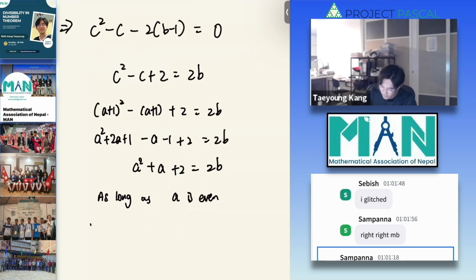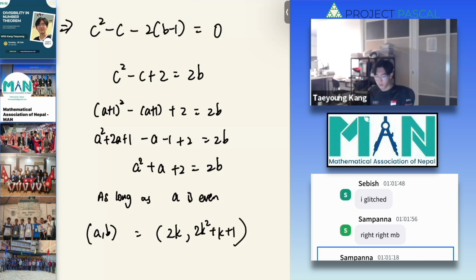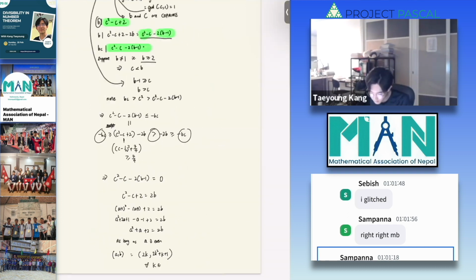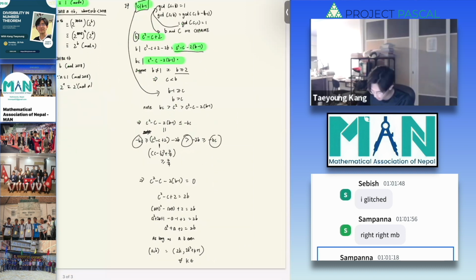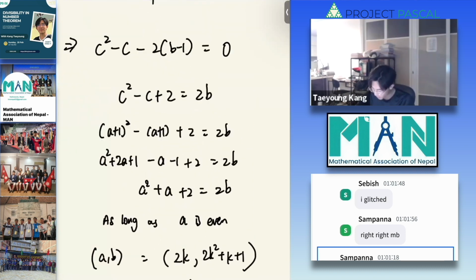So the solution set is (a, b) equals (2k, 2k squared plus k plus 1) for all k that is a positive integer.